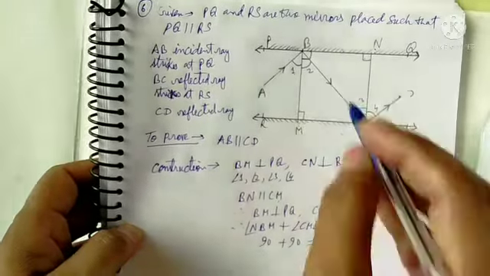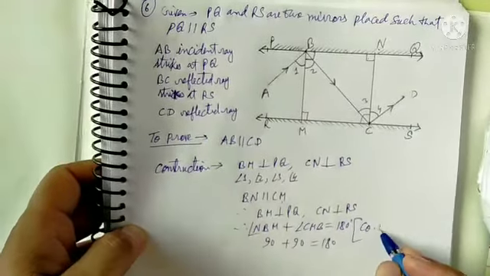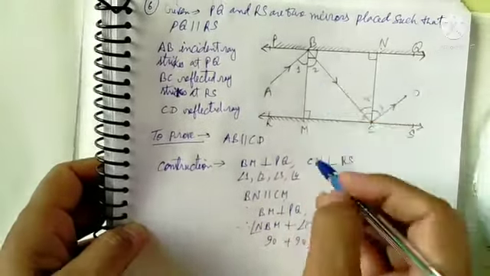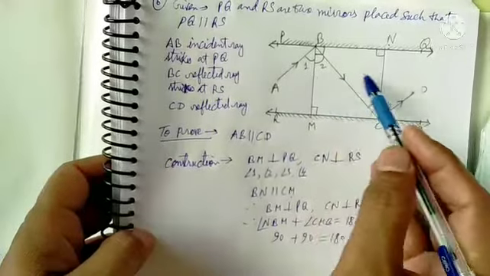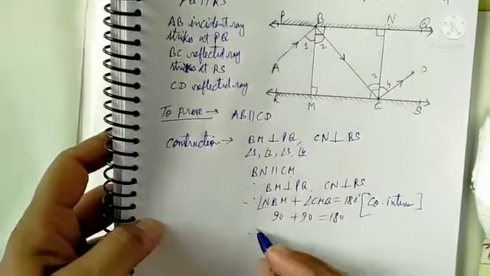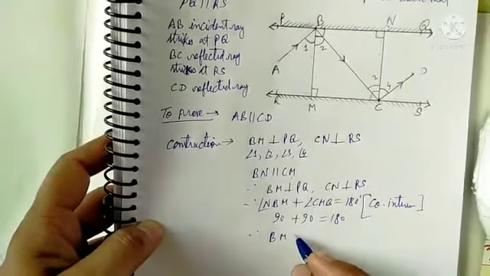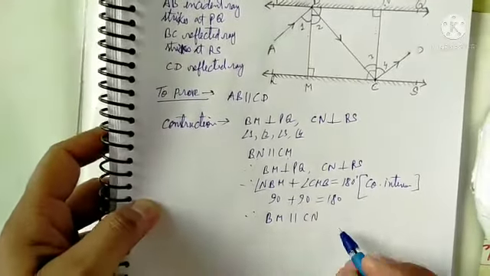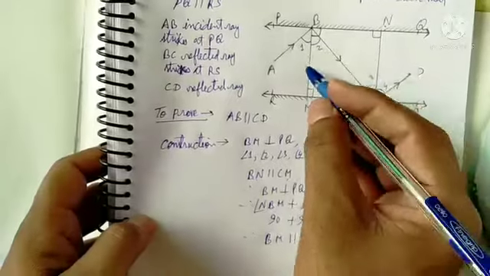So what are they showing? They are showing co-interior. If they are showing co-interior, it means these lines are also parallel. Therefore, BM is parallel to CM also.